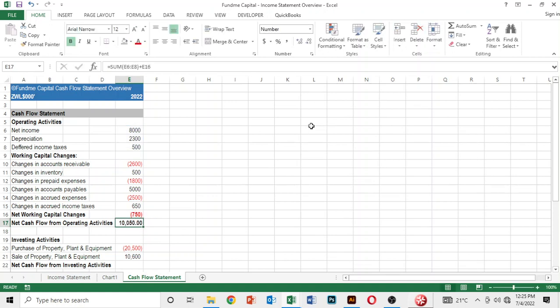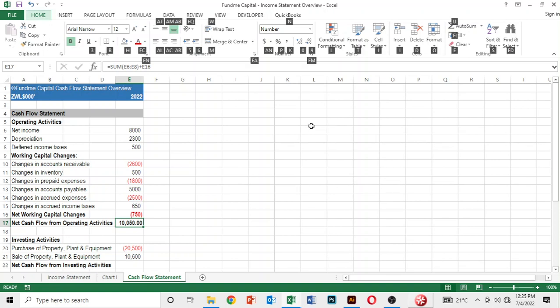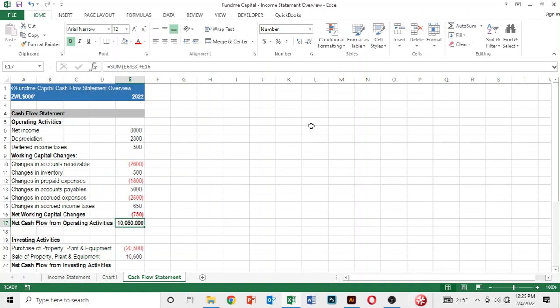So let's just do that and remove those zeros there. On your keyboard, press Alt H9, Alt H9, Alt H9, just like that. So that's perfect. This is our net cash flow from operating activities.